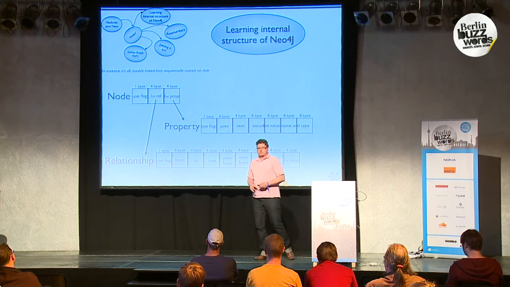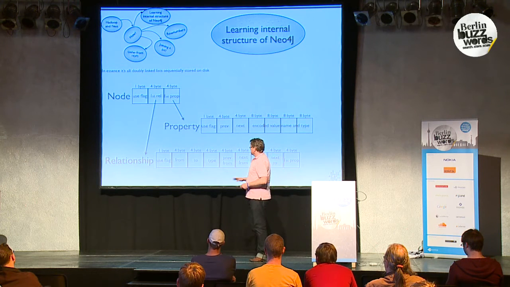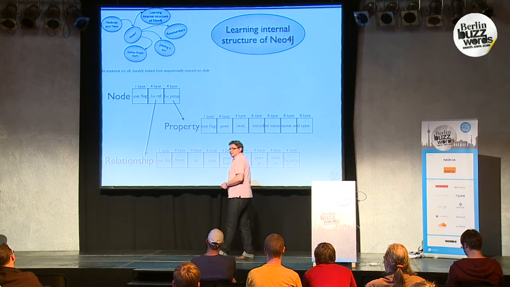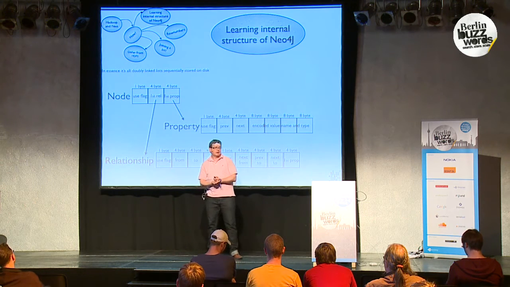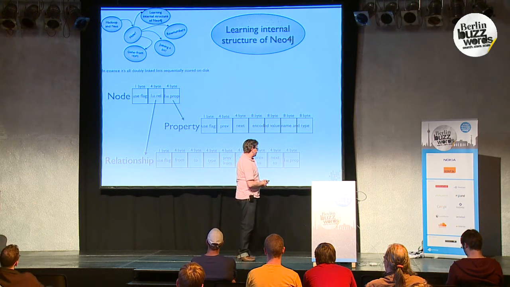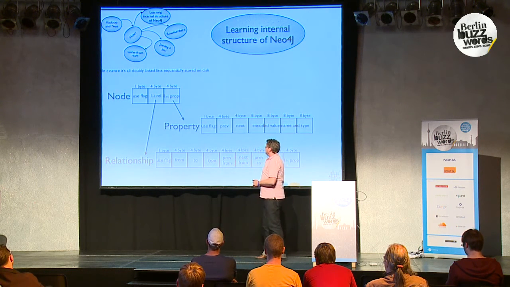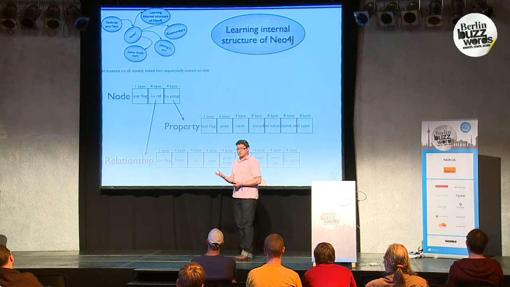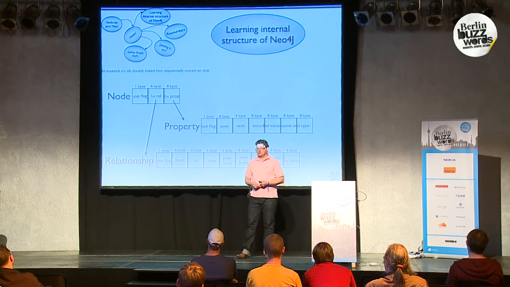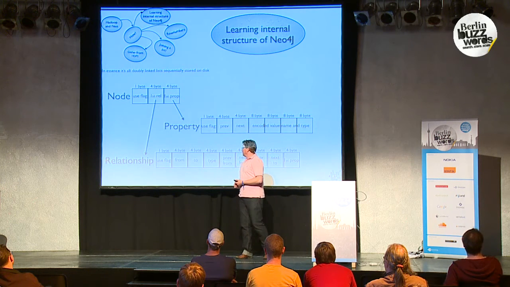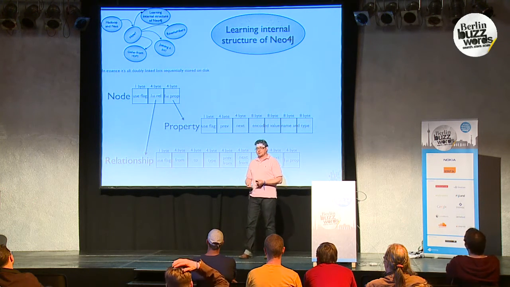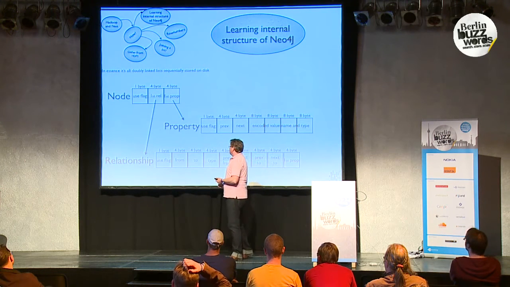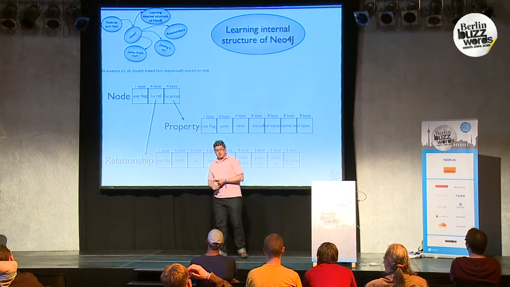I don't want you to read this blog post right now, so I'm going to repeat some of the important information from that post. A node, here at the top, has a 9-byte reference in the file. It has a use flag, which is used for deletion, a pointer to the first relationship and a pointer to the first property.